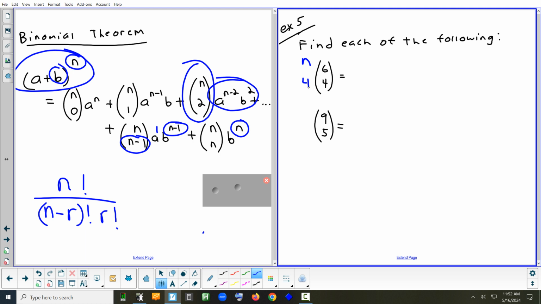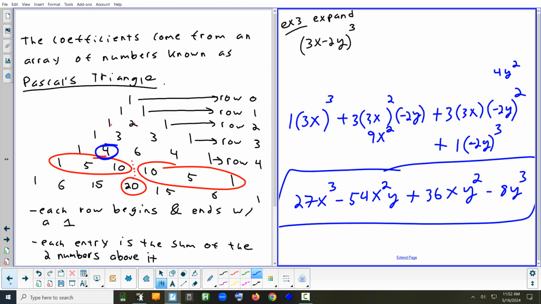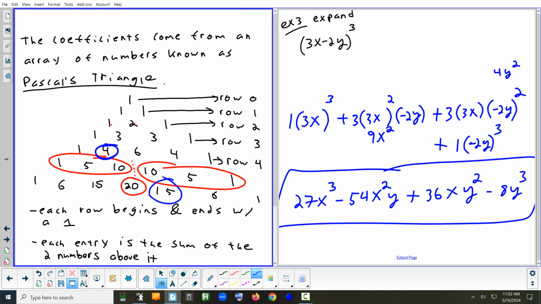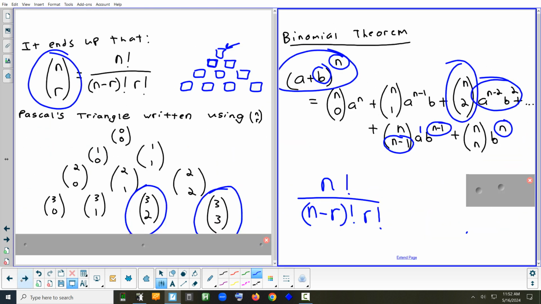So let's convert that into a binomial coefficient. That's what we're finding. We're finding a binomial coefficient. Row 6, column 4. Let's just take a quick look. Row 6, column 4. 0, 1, 2, 3. That's what we should get. Okay. So this is an easy one we could get without doing what we're about to do. But we can verify we're right.